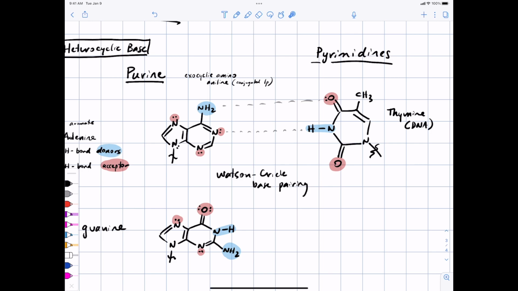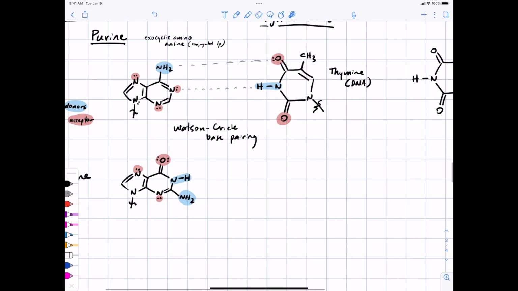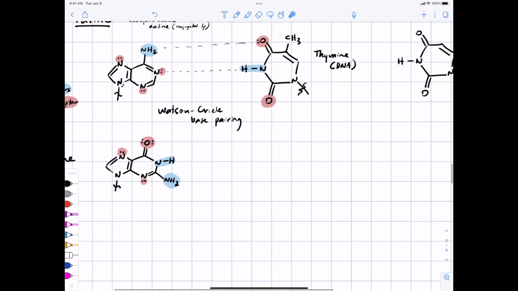Notice that this oxygen on thymine has the potential to interact with something, but there's no corresponding partner on adenine. Okay? And then we could do a very similar thing for cytosine.